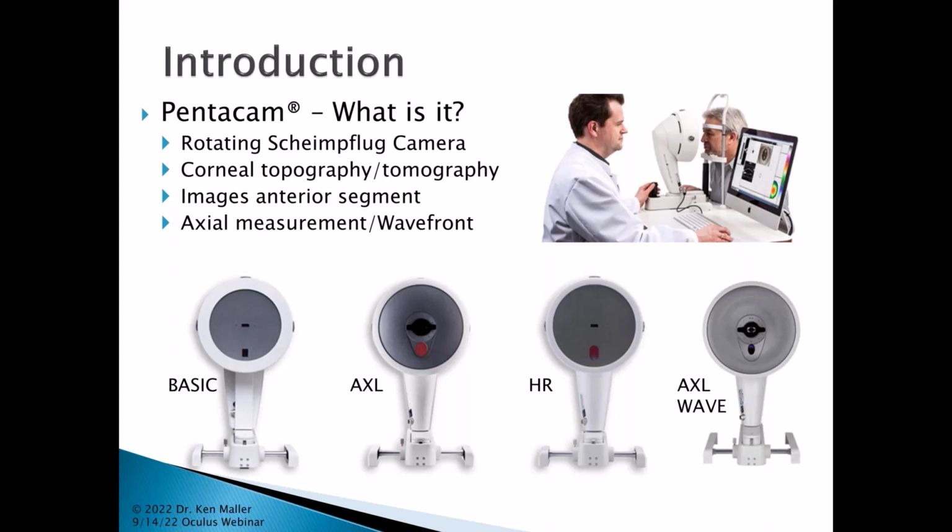And so what I did at the end here, I prepared a small graphic chart so that you can see which ones will do which features, so that you can better decide what type of device would best be suited for your practice and your intended goals. Tonight is really primarily about the AXL Wave, which is that last one on the end.